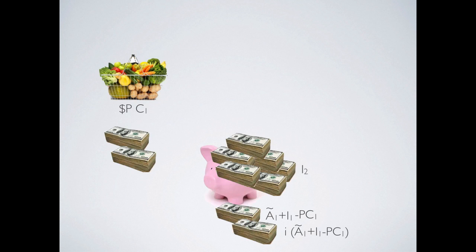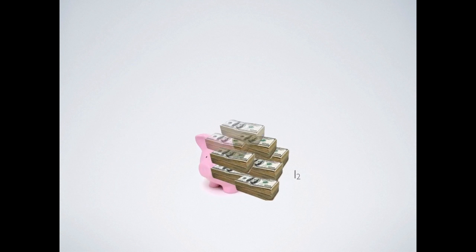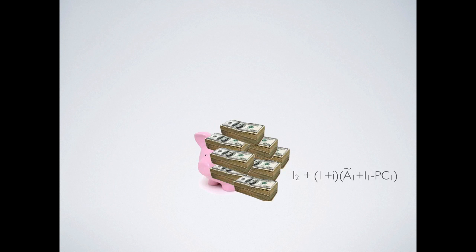So together, this part of money that you move for tomorrow's usage would be 1 plus i times the part of money that you did not spend today. This part of cash, you can combine with tomorrow's income cash. That will be the total cash that you can spend tomorrow.